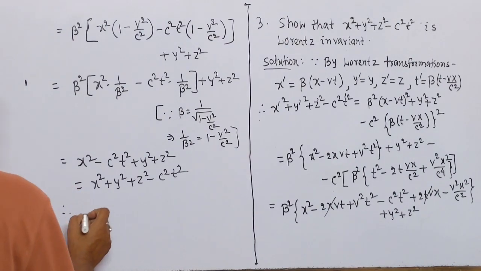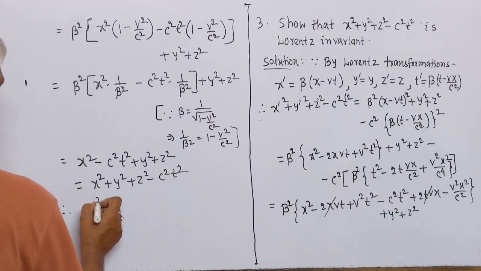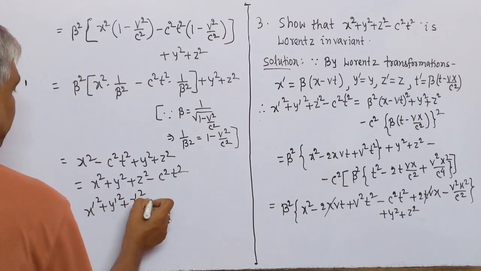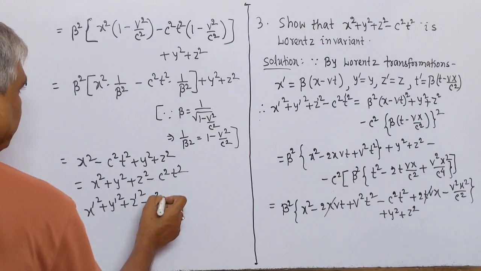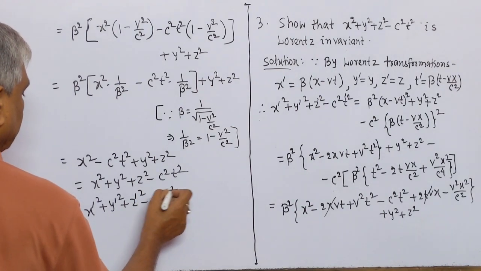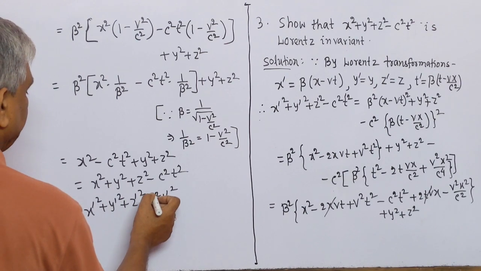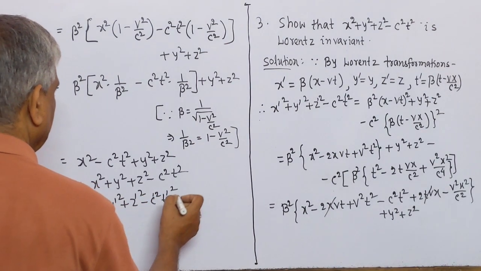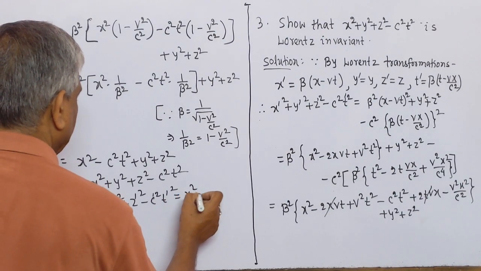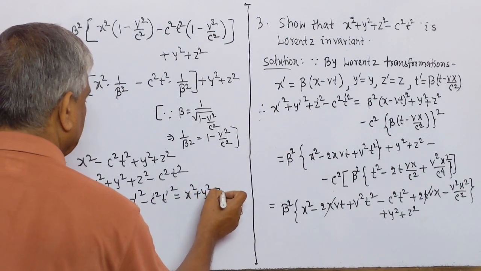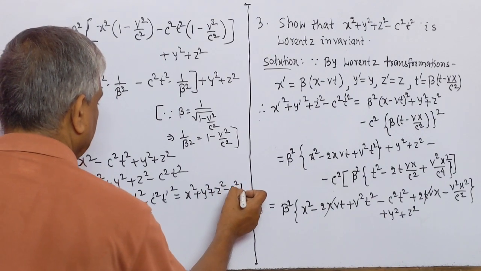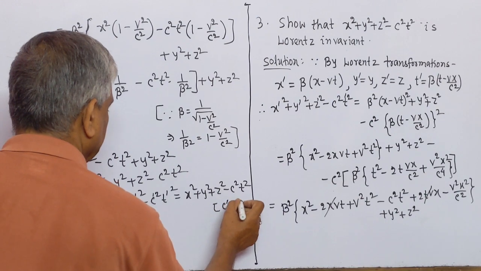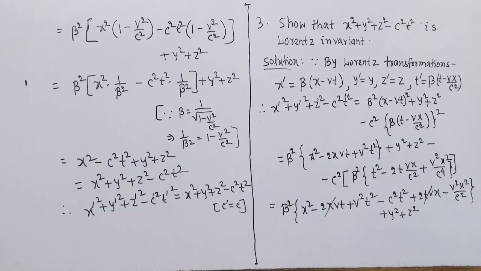Therefore, we get x prime square plus y prime square plus z prime square minus c square t prime square. This is also c prime, we may write, since c prime and c are the same, equal to x square plus y square plus z square minus c square t square, since c prime equals c, the velocity of light.